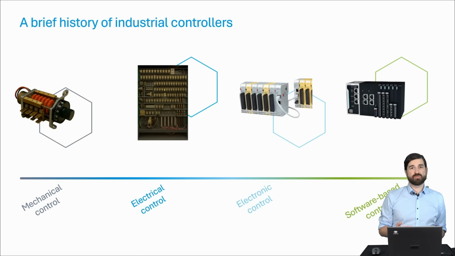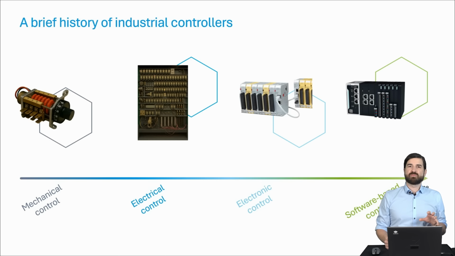Many of these systems also use real-time operating systems to control machines with high precision. And each of these abstraction steps has brought a whole range of benefits: savings on hardware, easier maintenance, greater flexibility, improved updatability, and greater independence from specific components, devices, and manufacturers.